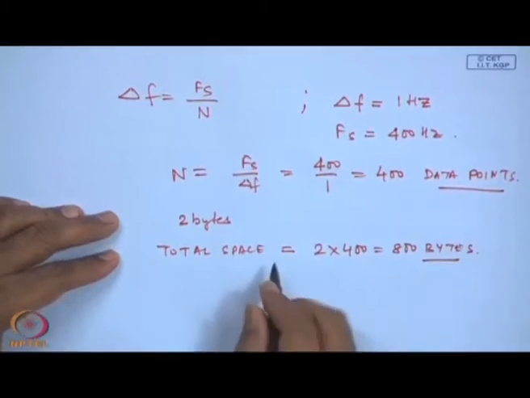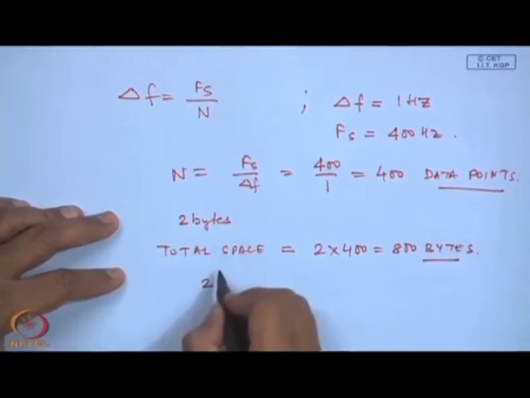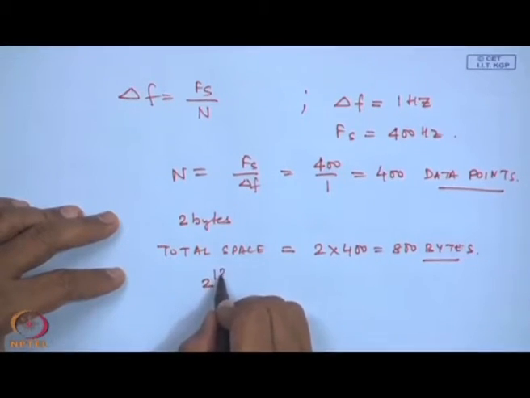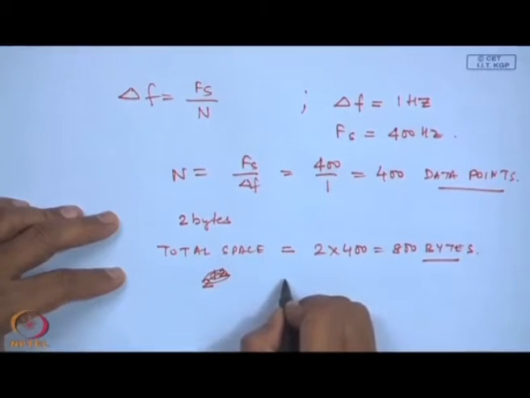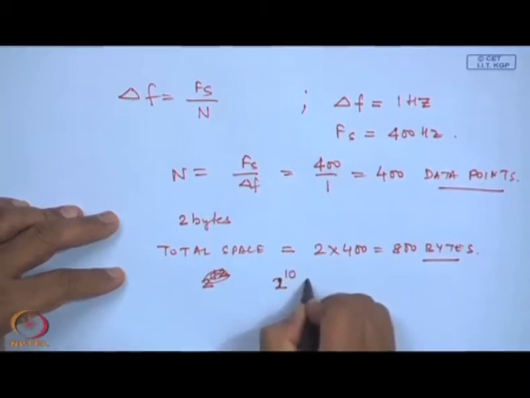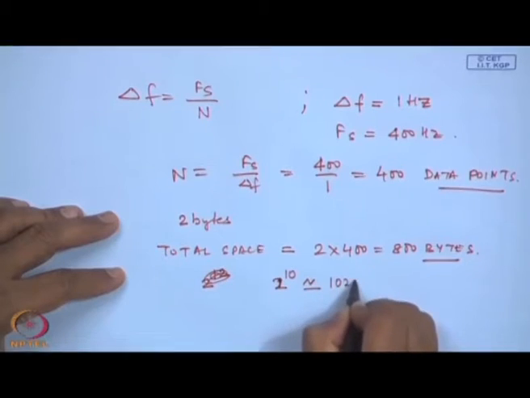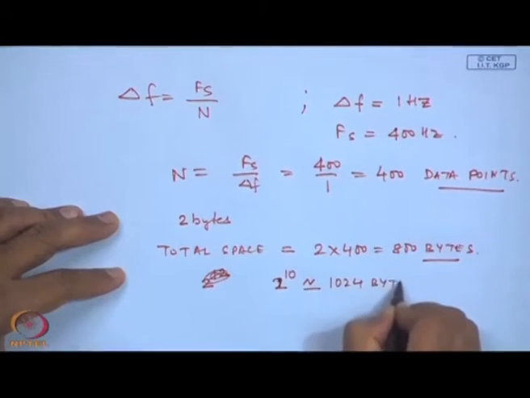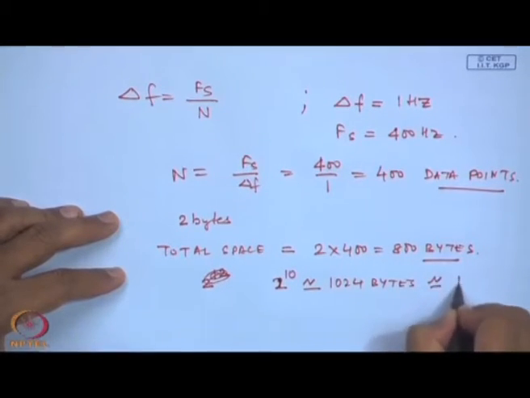But as you know, memory is available in powers of 2. So, the closest highest power will be 2 to the power 10, that will be 1024 bytes, which we know as 1 kilobyte.